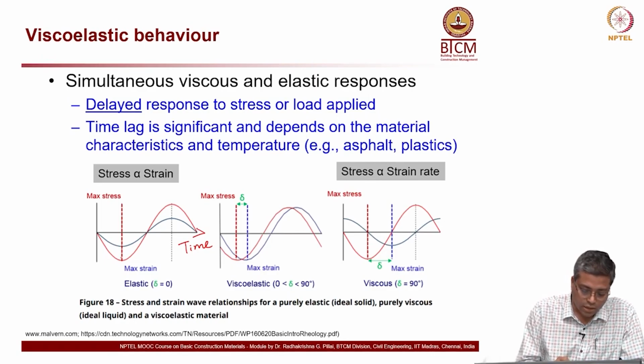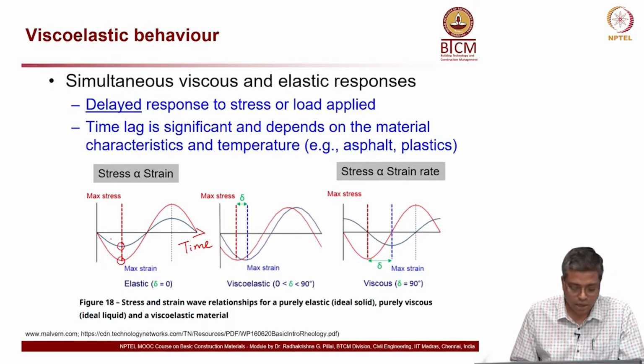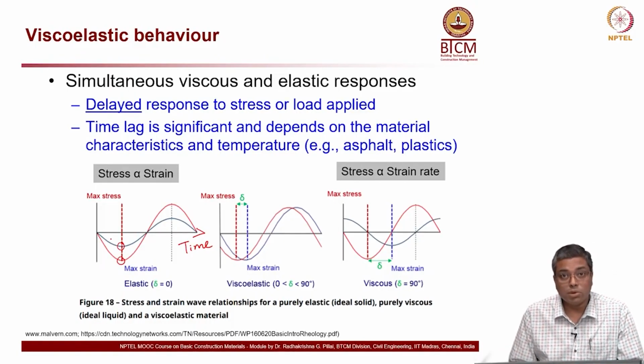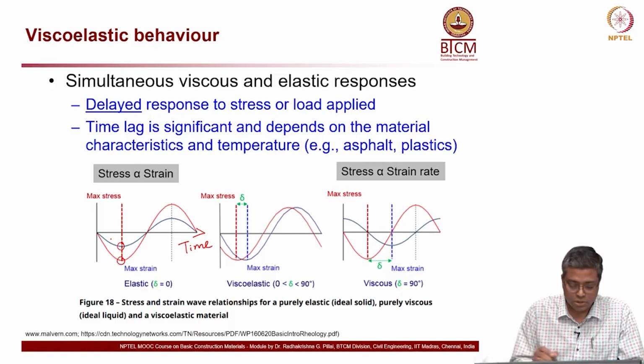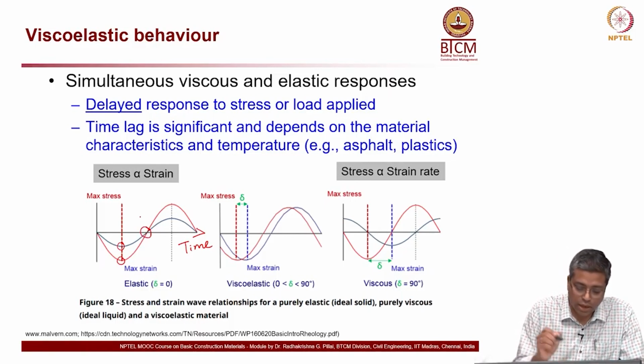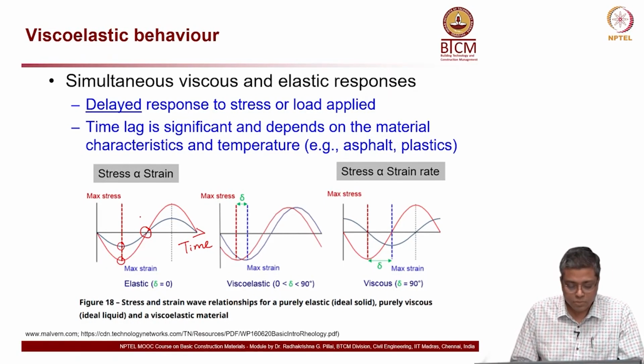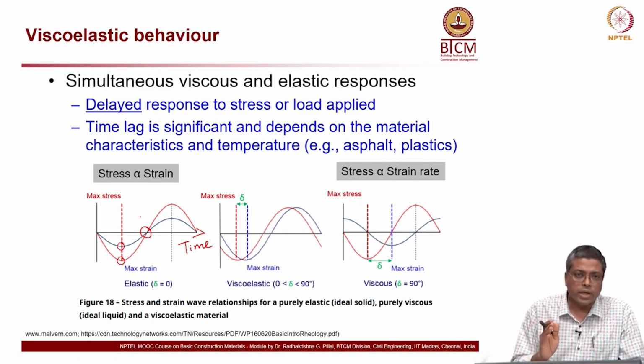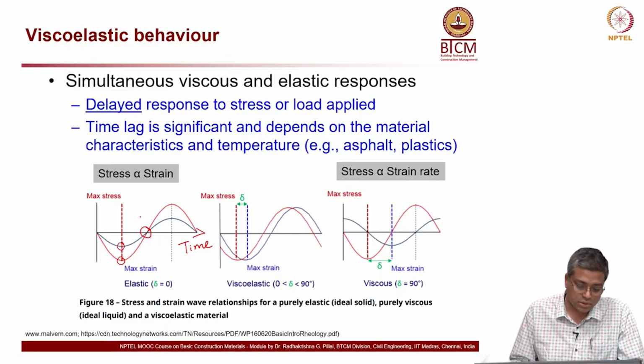You can see here the maximum strain is occurring at the same time when the maximum stress is occurring. So, there is no lag between the stress and its effect on the material, which is strain.